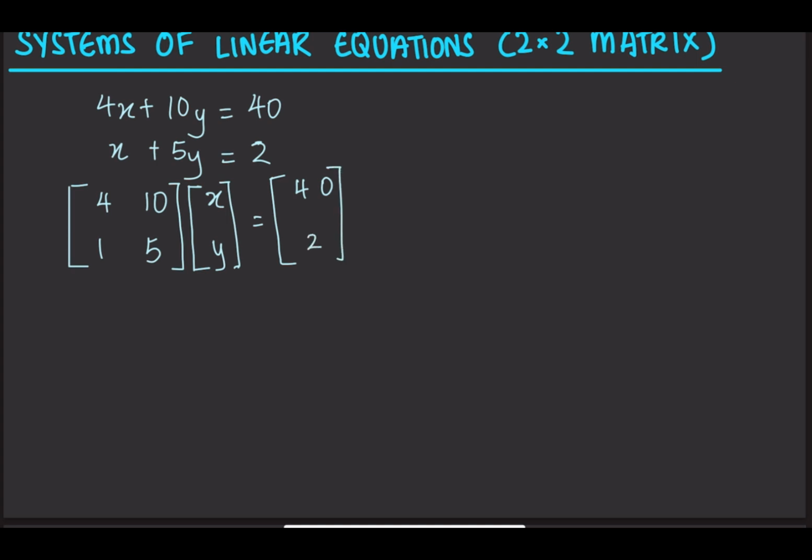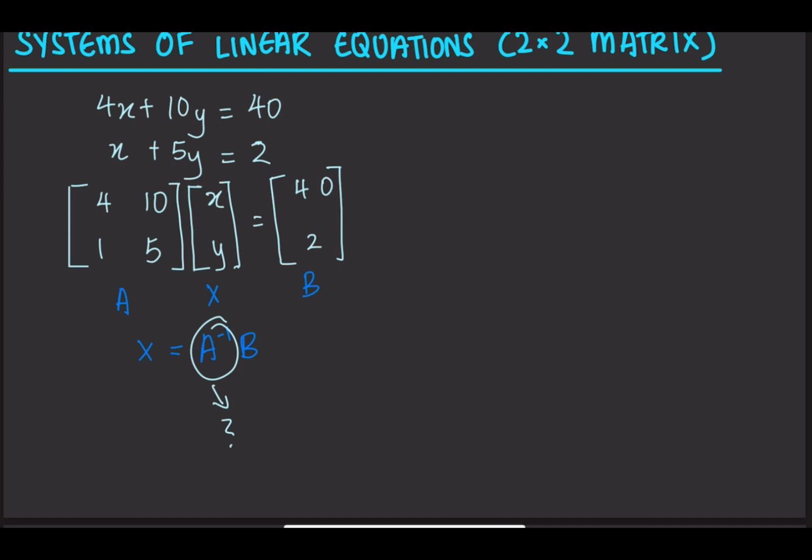Right, now we call this matrix A, this is matrix X, and this is matrix B. When we want to solve for x and y, it's pretty simple. We move A to the other side, and thus we get X equals the inverse of A times B. Now, how do we find the inverse?